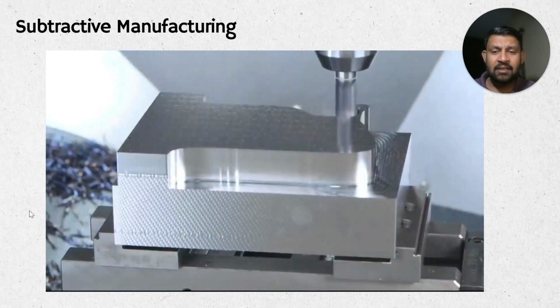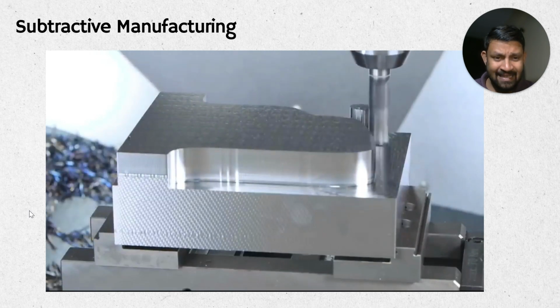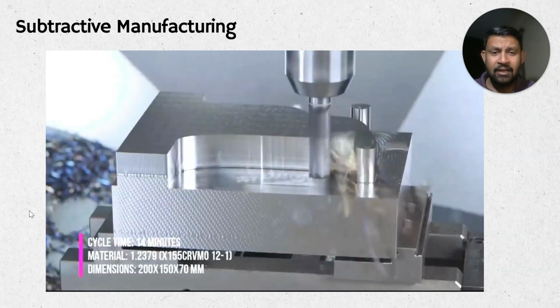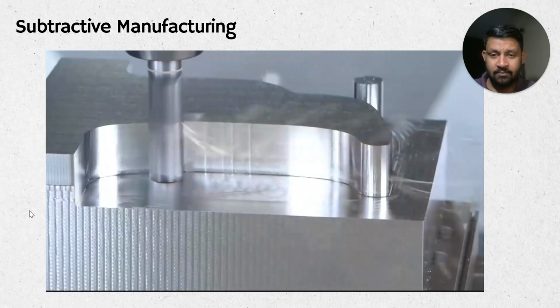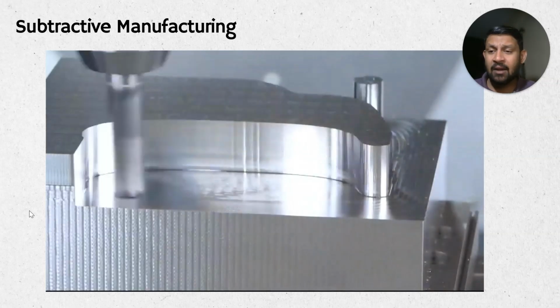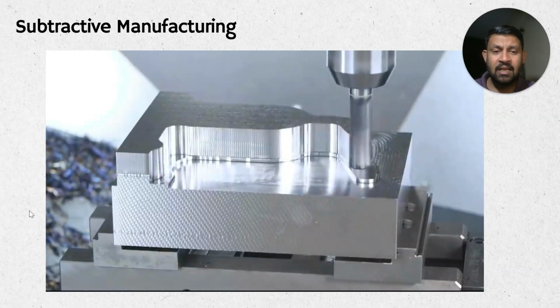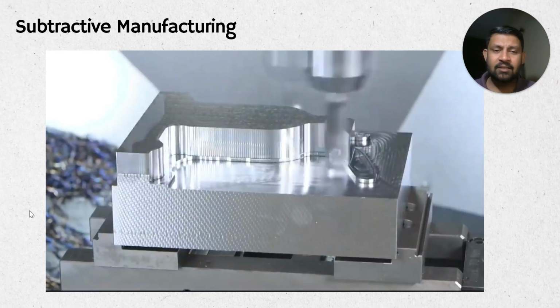So as you can see, the solid block has been taken, mounted on the CNC machining center or a milling machine, and a cutting tool which has been designed to remove material at a very high speed and with minimum defects is rotating at a high RPM, attached to the spindle head of the CNC machine, and it is removing material as per the input given to the machine.